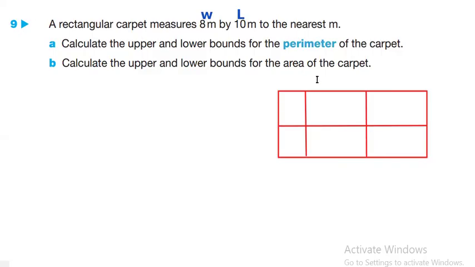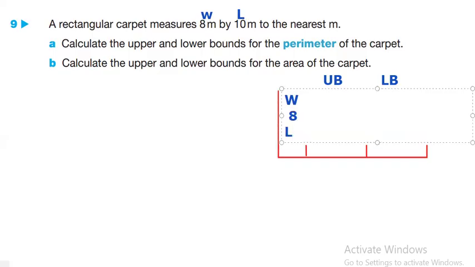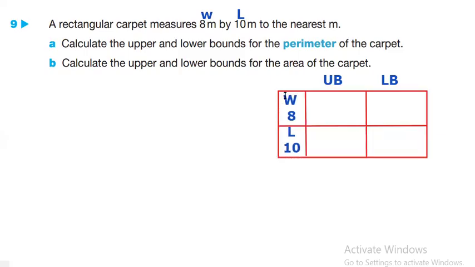So this is the upper bound and this one is the lower bound for the measurements of the width and length. This one is the width, which is 8, and this one is the length, which is 10, like this. Let's see if it fits. Good. So the width is 8 and the length is 10.